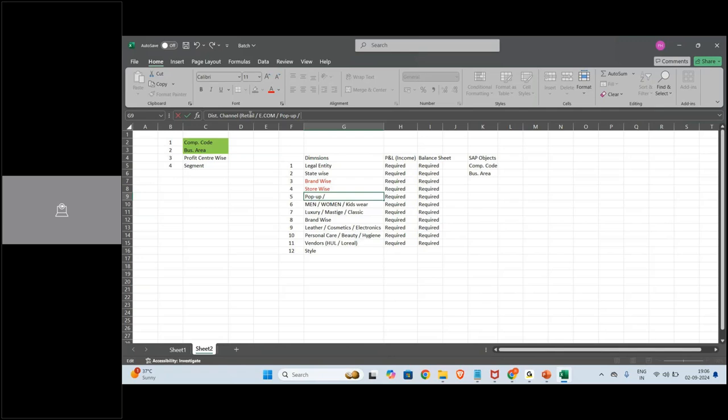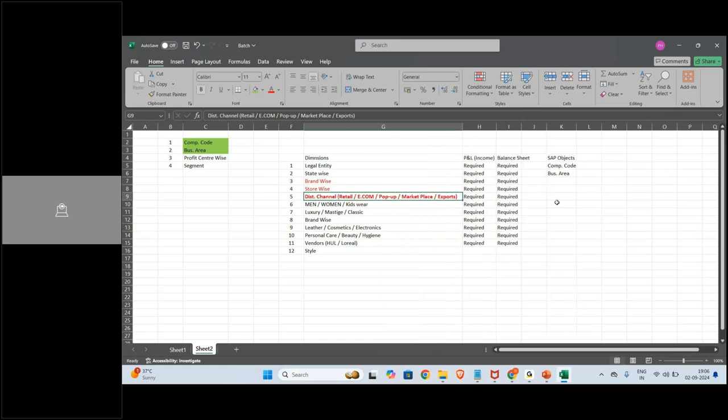Then another sale is that I can sell on my own website, or I can go to Myntra.com, Craftsvilla.com, Flipkart, Amazon, etc. That's called marketplace, right? I can sell through exports. For them, this is very, very critical, double critical, right? I will bring this information through segment. Okay, now segment is over, right? But what about the other things?